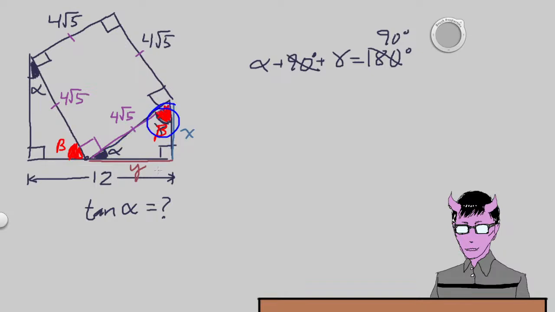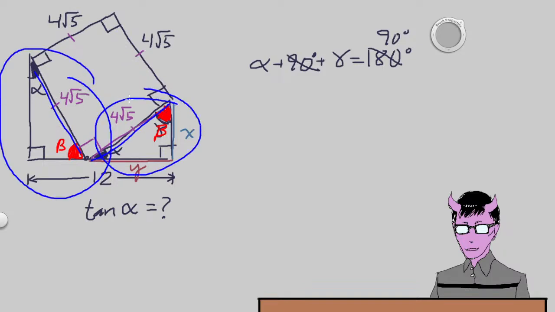If we call this one beta, then this one's also beta. If this one is also beta and this is alpha, then this one is also alpha. But since these two hypotenuses are the same, then triangle number 1 is congruent to triangle number 2.